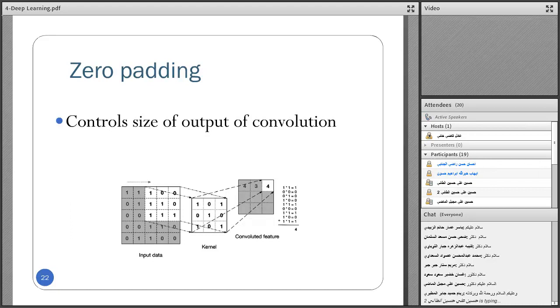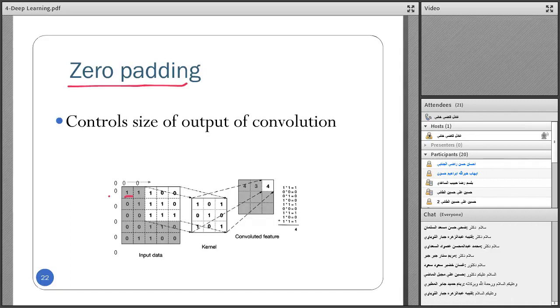Okay, in the previous session we talked about convolution neural network, and we said that in this type of neural network we have a special layer called the convolution layer, and in this layer the convolution operation is done.